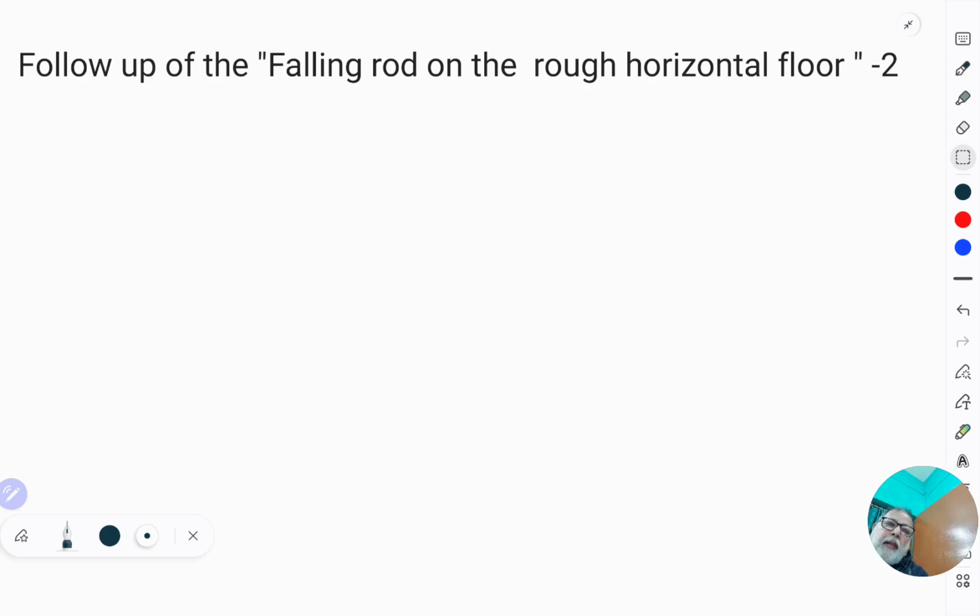If you recall that the rod does not slip on the floor demands that throughout the motion of the rod, that is by the time its angle theta changes from... this is the rod.